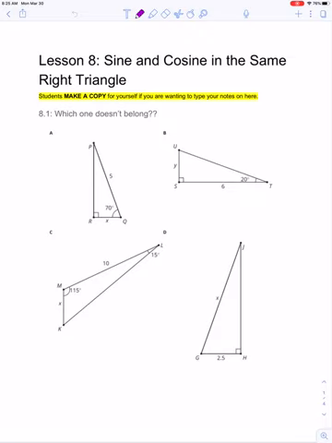Let's look at A. One thing that I put on A was it was the only one that we could use cosine. So if I took cosine of 70 degrees, remember cosine is adjacent, so I have my adjacent side over my hypotenuse.